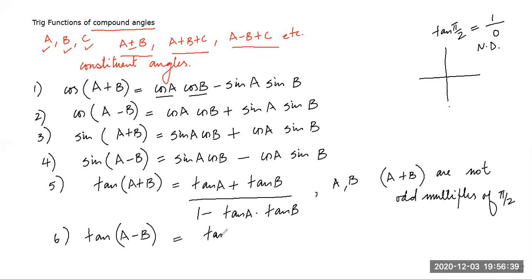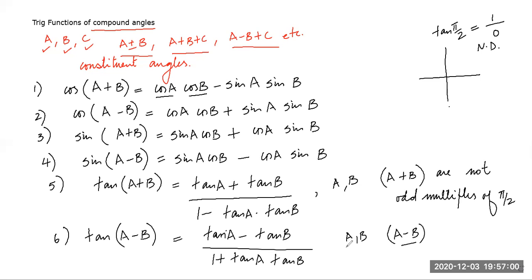So it will be tan A minus tan B divided by 1 plus tan A tan B. Again, students, we must state A, B, and A minus B, the constituent angles A, B should not be odd multiples of pi by 2. Same statement. So these are the important formulas we need to remember. Once we practice again and again, we'll get hold of them.